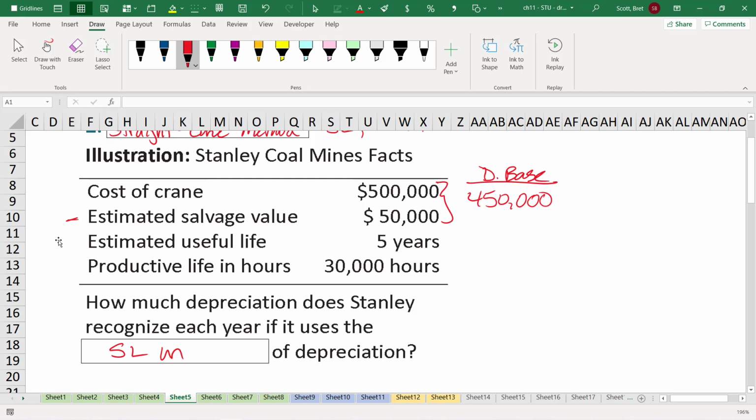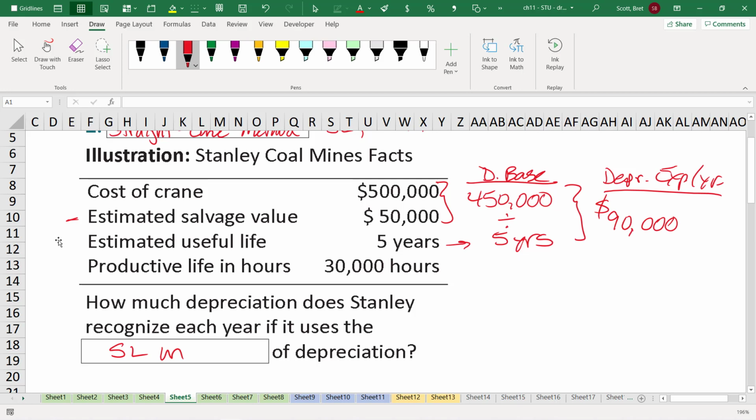That's the depreciable base. And what we want to do now is divide it by not the productive life in hours, but the productive life in years. So divide it by 5 years. And when we do that, what do we get? We should see depreciation expense per year of $90,000.